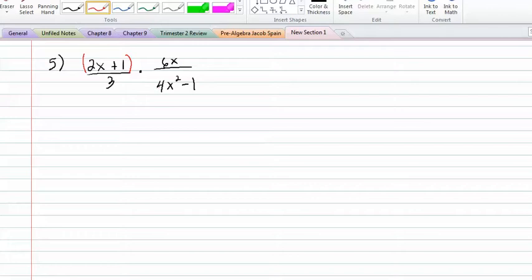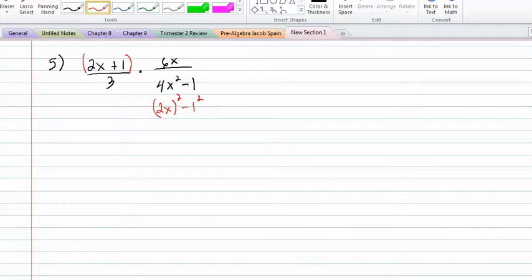Then I look at the bottom of my fraction, 4x squared minus 1. Can I make this a difference of squares? Could I write this as 2 squared, which would be 4, and x squared? Did I just rewrite this term exactly the same except I used an exponent for this one? Could I write this as 1 squared?